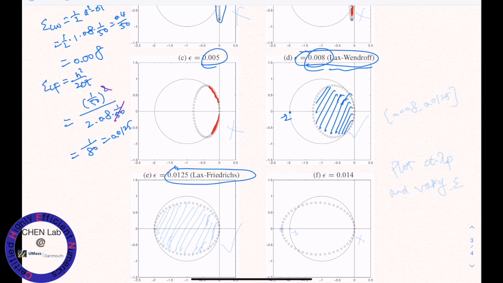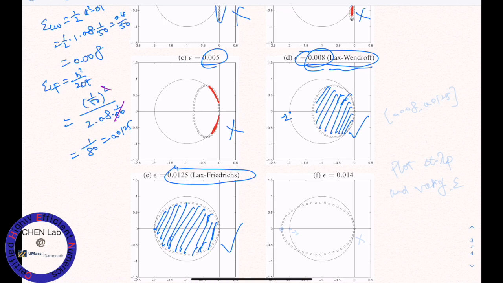And when it goes larger to the Lax-Friedrichs, that's again more dissipative with larger epsilon, it is still within the region. Okay, it's still within the forward Euler stability region for the ODE. So that's still stable. So that's stable, not stable, not stable.